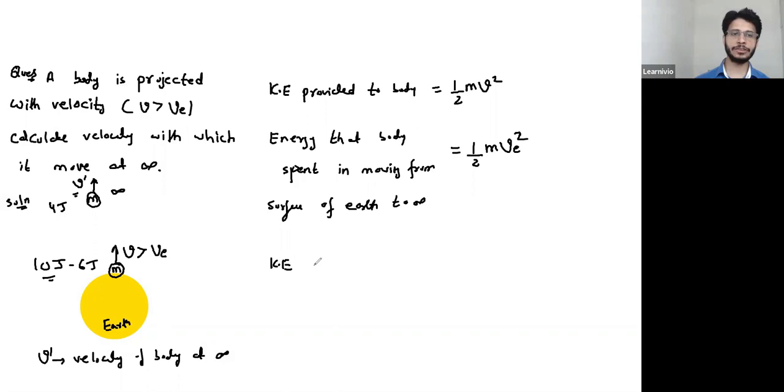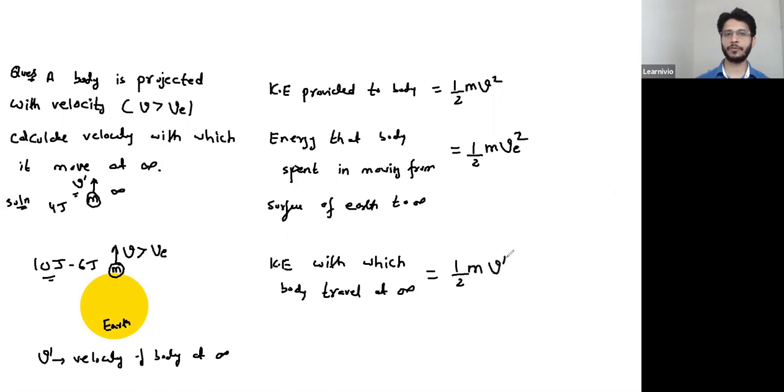The kinetic energy with which the body travels at infinity is half m v prime square.